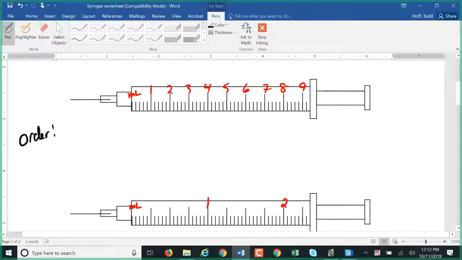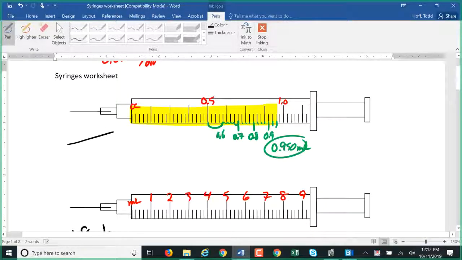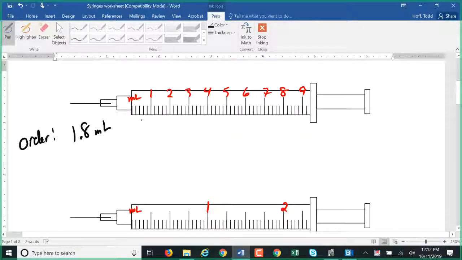So our order is for 1.8 milliliters. Which syringe do I want to use? Top one, I'll call it syringe A or B.